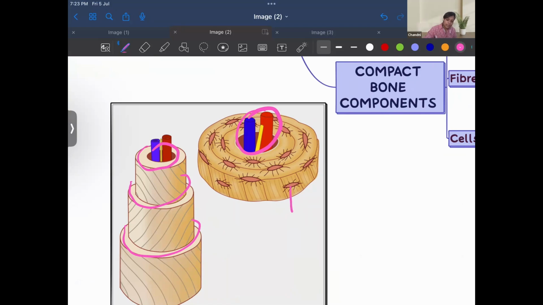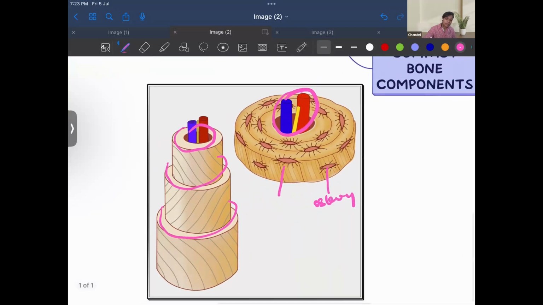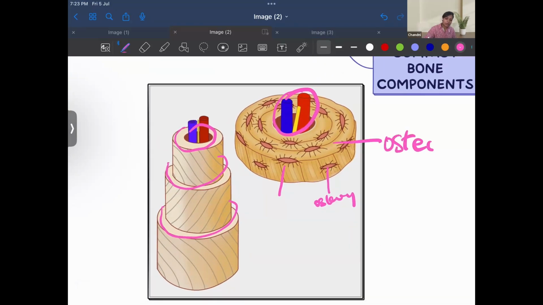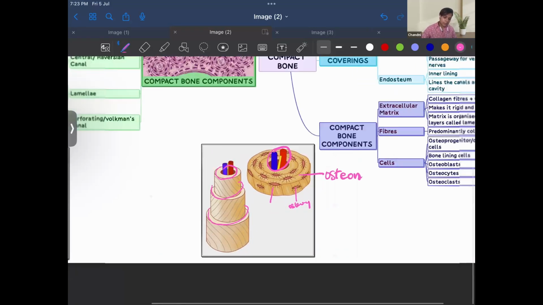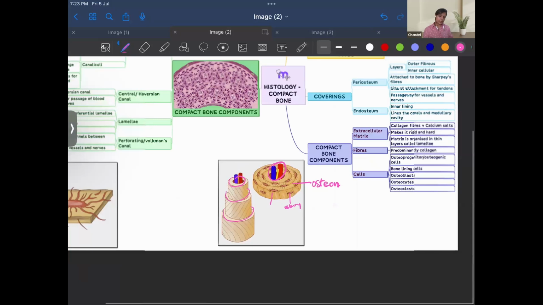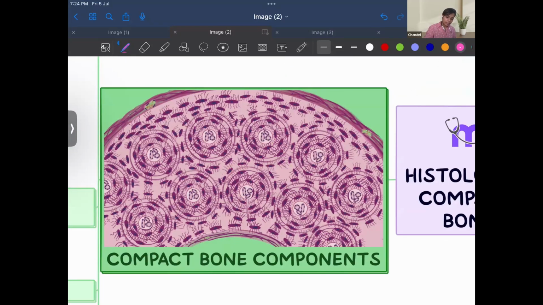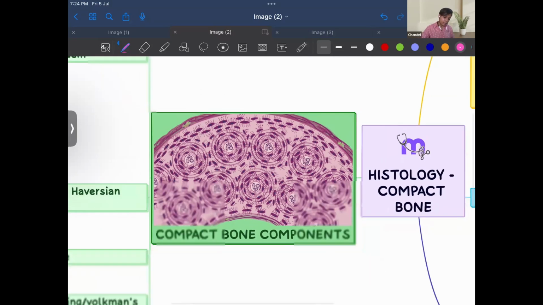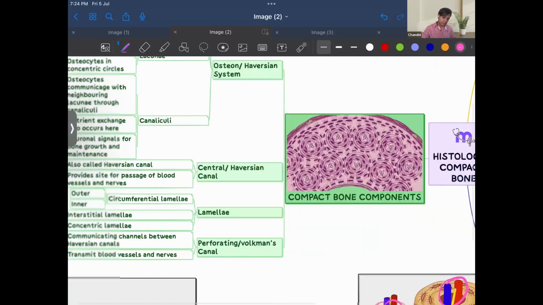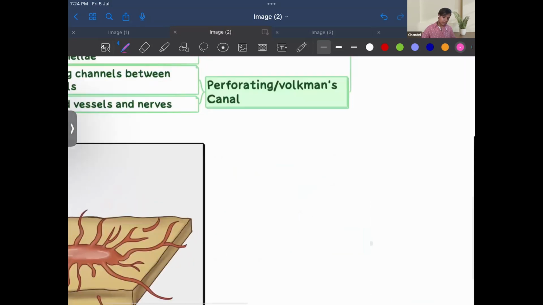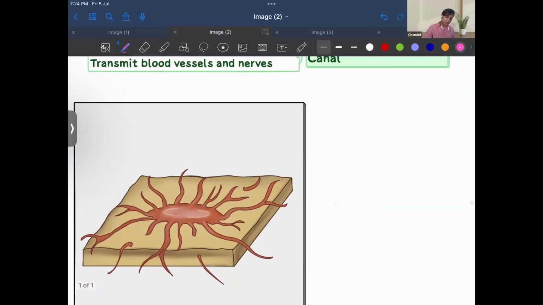And here you have the osteocytes, canaliculi. This is an osteon. This is a great diagram. This is how your diagram has to look. It's got everything here. I've covered all this. This is an osteocyte sitting inside its lacuna, one single osteocyte with its canaliculi.